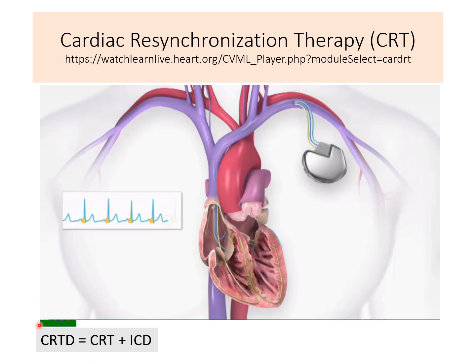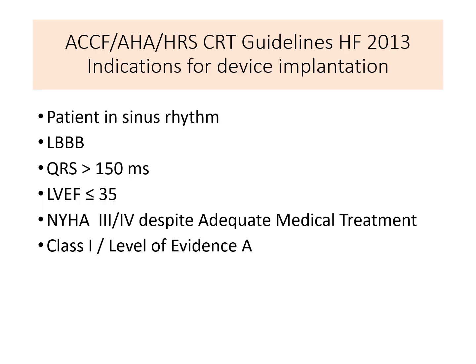Another term that's used is CRT-D, meaning that it's not only for resynchronization, but also for cardioverter defibrillation in the same device in case there's a bad arrhythmia. The guidelines for indications for placing this device have been changing quite a bit throughout the years. Even if we go back to 2013, these were the guidelines then.